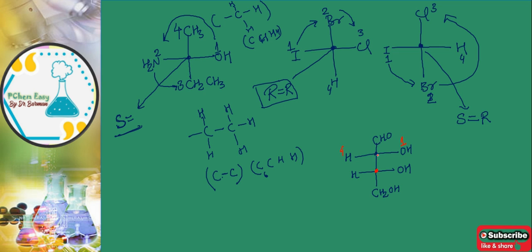Now this is the chiral carbon. For this chiral carbon, this is a complete group, and this is another group. So one group, two group, three group, four group. Now what we have to do? Out of these two, we have to look.